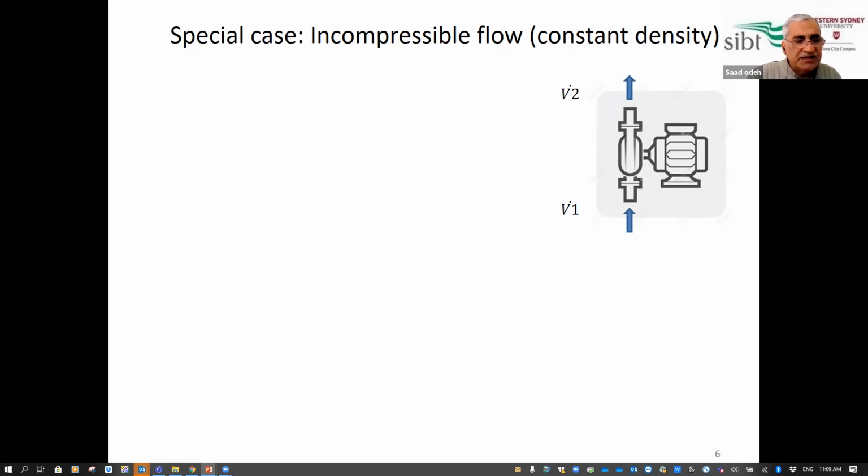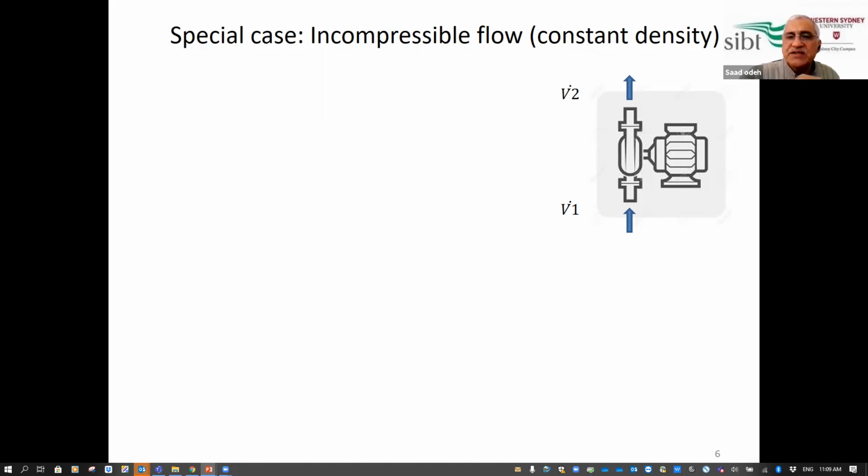If you put water inside a cylinder or piston system and try to compress it, the volume will not change, because water doesn't change its density easily with pressure. So even at higher pressure, you get almost the same volume of water. Therefore, we say water is an incompressible fluid.